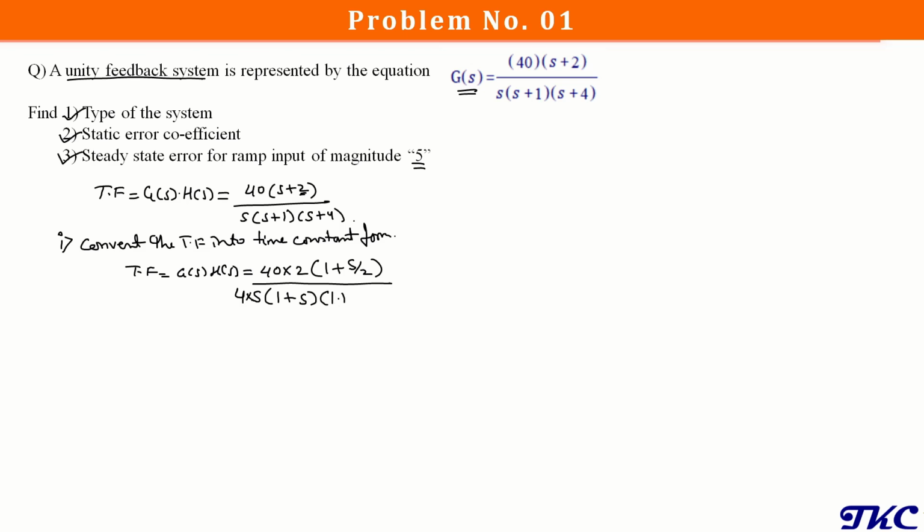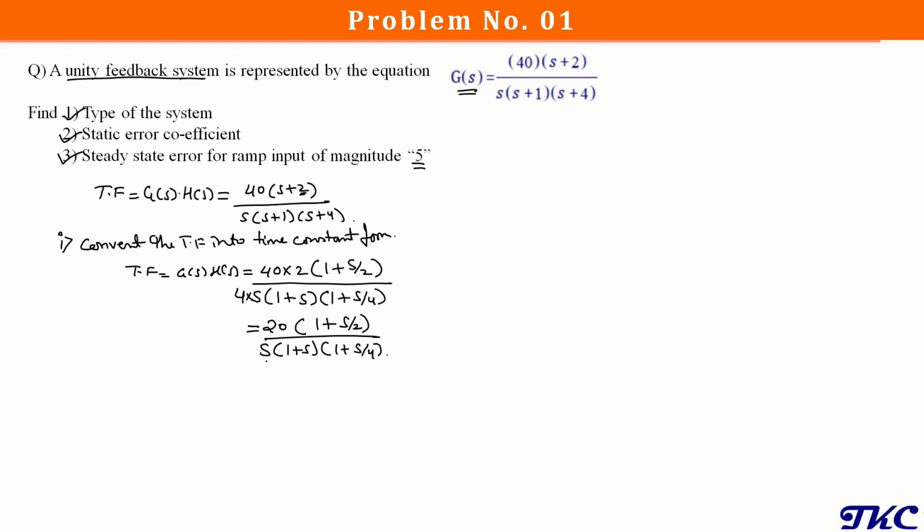So it will be (1 + s/4). This 40 into 2 divided by 4 we can simplify, and rewrite it as 20(1 + s/2) divided by s(1 + s)(1 + s/4).